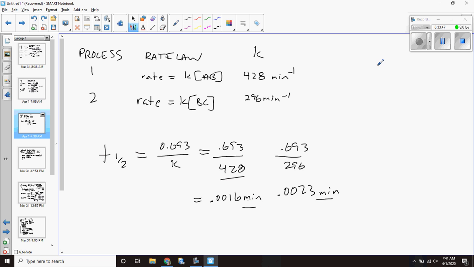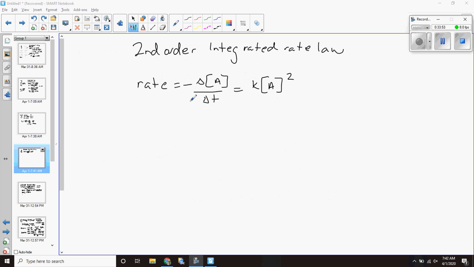Now let's take a look at a second order reaction. Imagine a reaction where A goes to form B, C plus D, with only one reactant, or two reactants that are both first order.